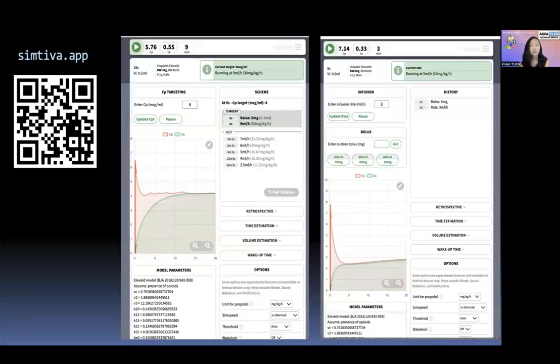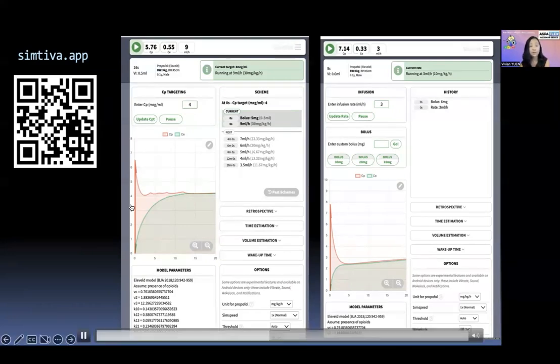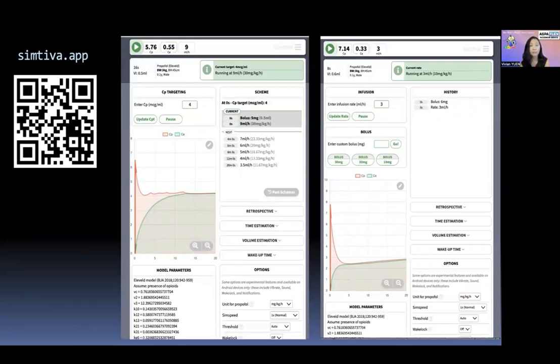So with target controlled infusion, you would be able to avoid apnea even in this neonate. You can go and play around on this app to appreciate how different modes of administration cause different changes in plasma concentration of propofol.